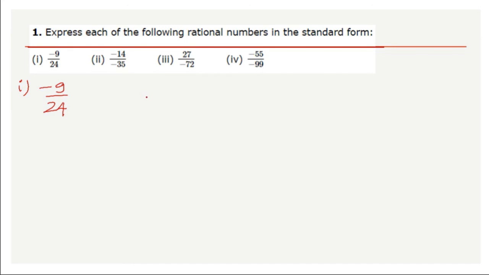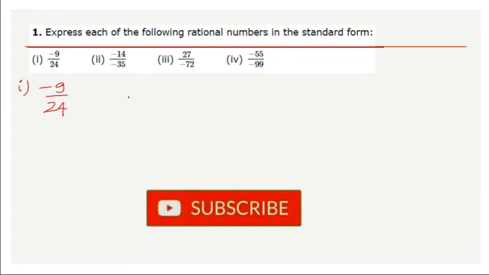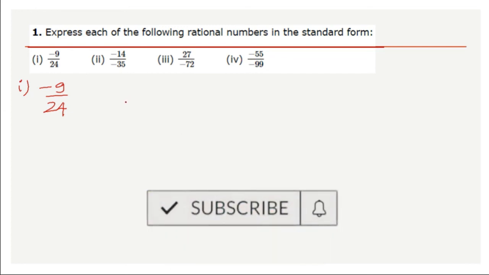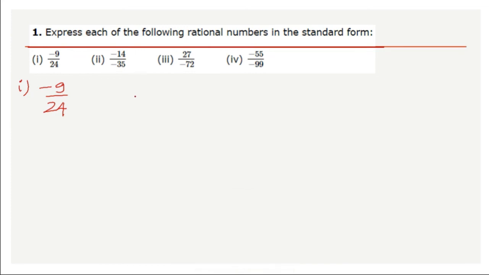Now we shall consider the numbers 9 and 24. The highest common factor of 9 and 24 is 3. On dividing both the numerator and denominator by 3, we get the standard form.